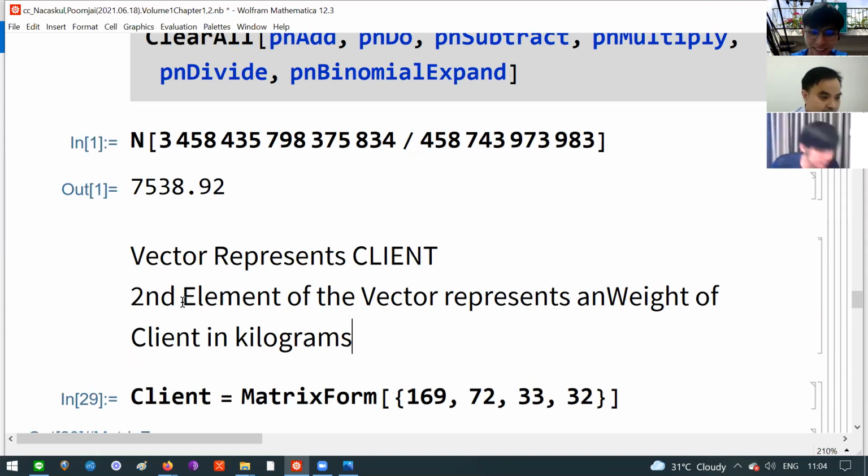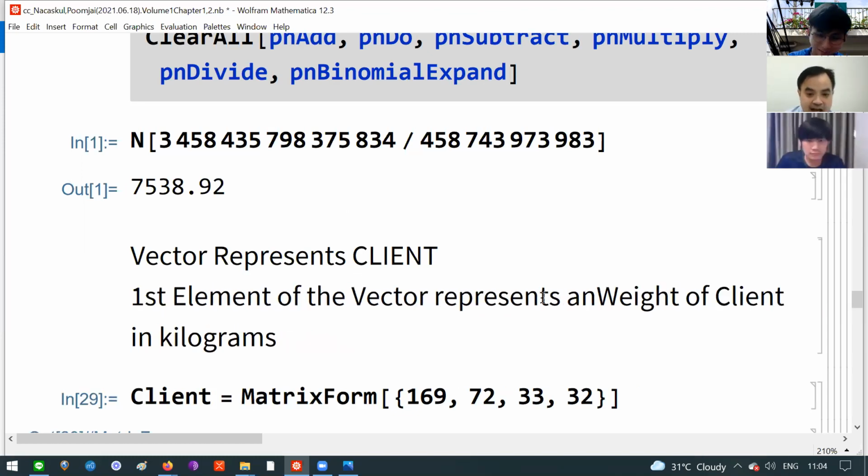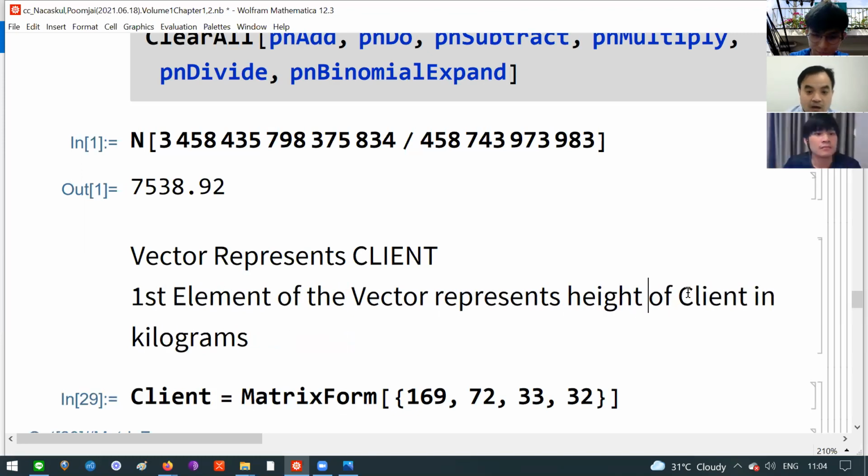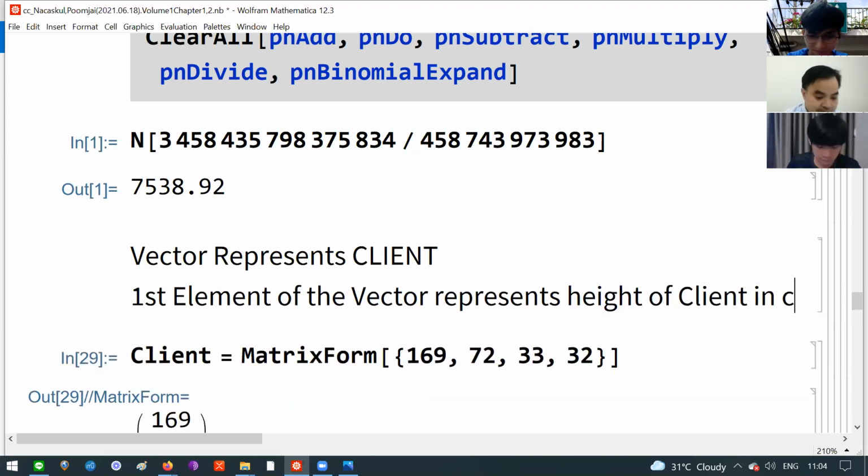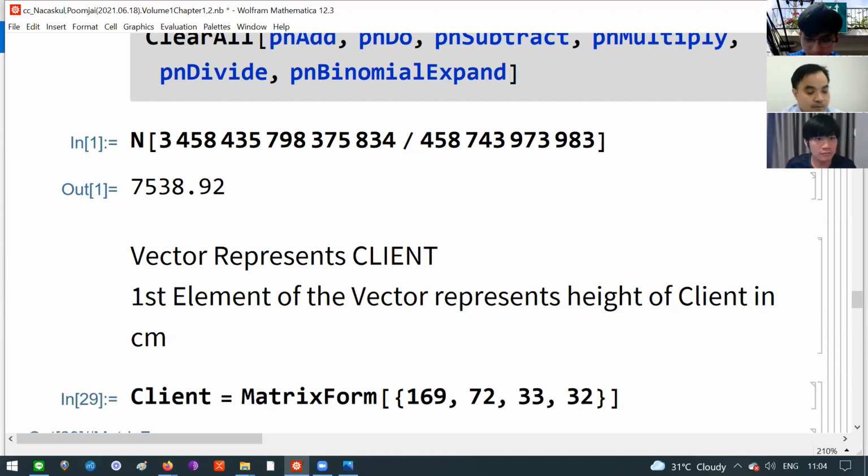And maybe the first element of the vector represents the height of the client in centimeters. Okay, now you can see why you cannot switch things around, right? So you can write things in the right column.